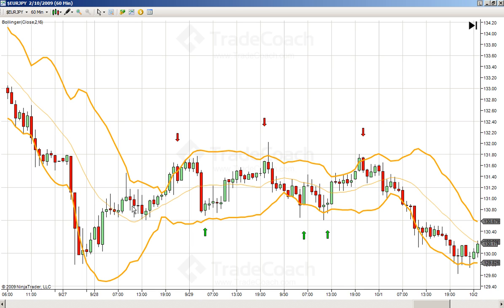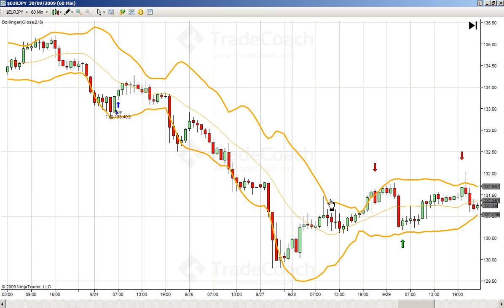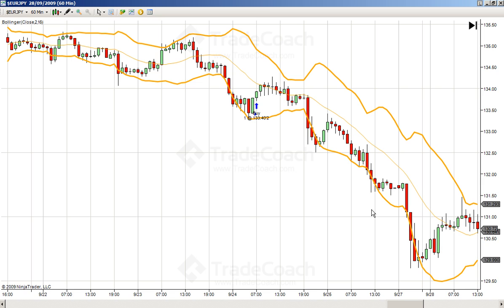Okay, what's another way we can muck around with this thing? Well, we can use it when it's trending. Here we go. So if it gets stuck on a lower band, we can trade it down. So here it's hitting the lower side, so we may want to keep on trading it down the lower side. We may want to trade it when it comes back to the middle and looks like it's heading on down.